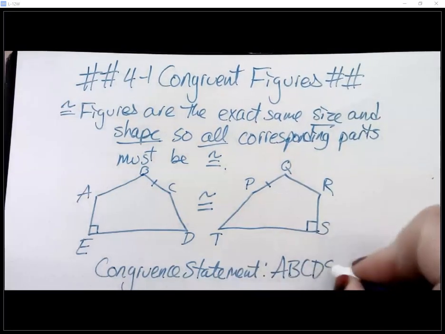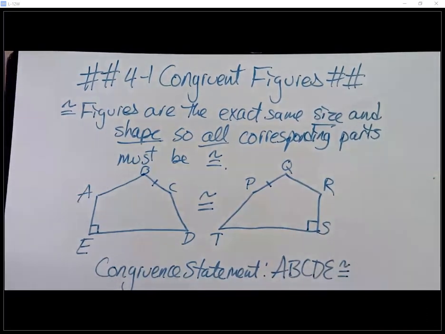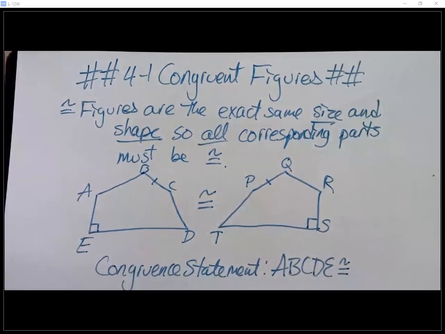When I go to name the second figure, what we have to do is we have to match up the pieces. So whichever angle corresponds with angle A, and I know it gets confusing because we just use corresponding angles with parallel lines. We just mean, when we're saying corresponding now, we're just meaning the ones that match in the other shape. So who would match up with A in my second shape? R, right? Everybody see that?